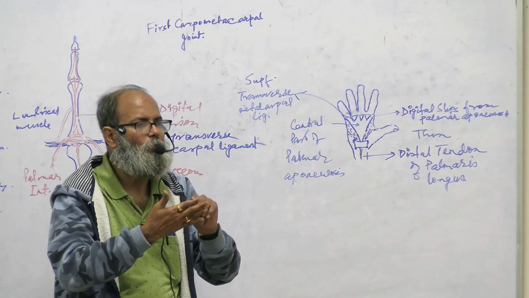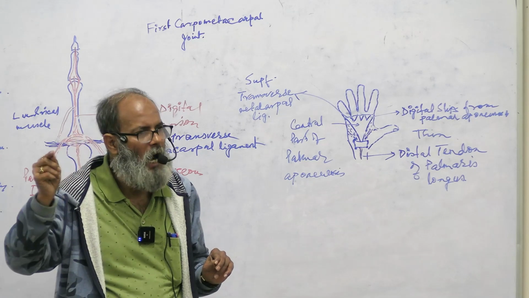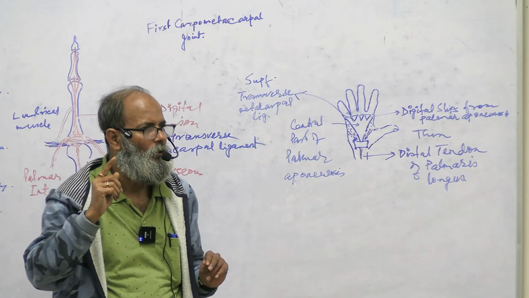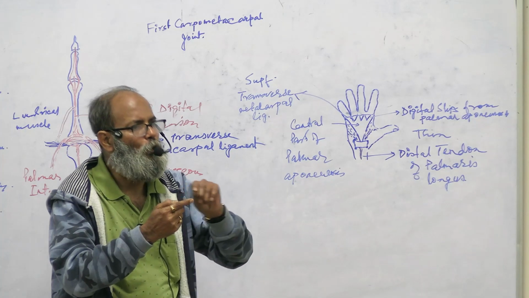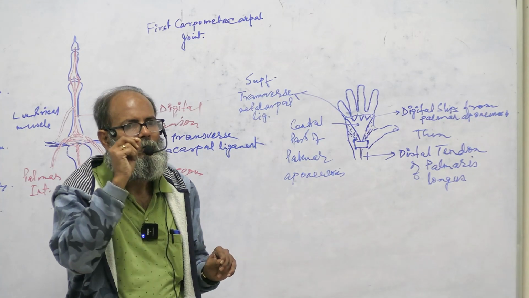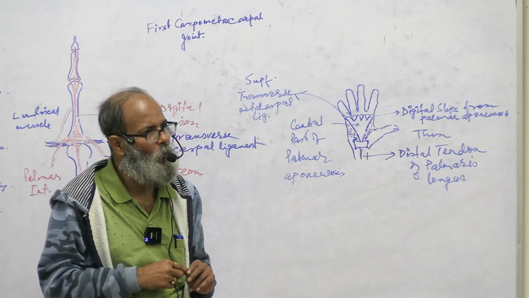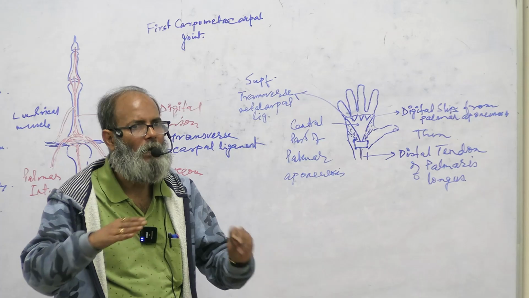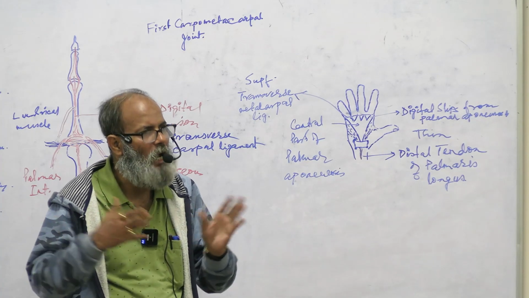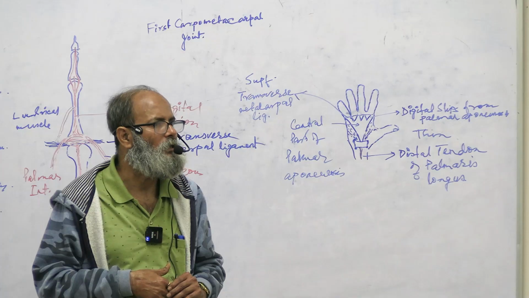These form either a whorl or an arc or a loop, and along these whorls, arcs or loops, there are pores of the sweat glands. So when we touch something, this imprint can be reproduced, and the science is known as dactylography.